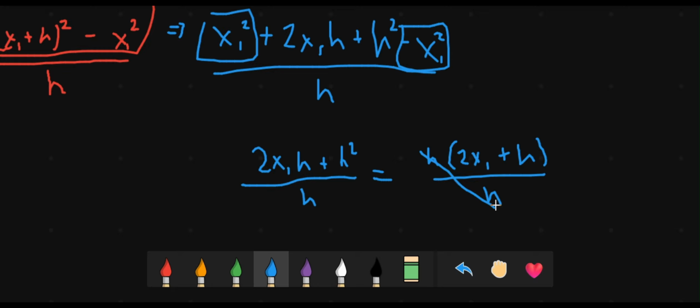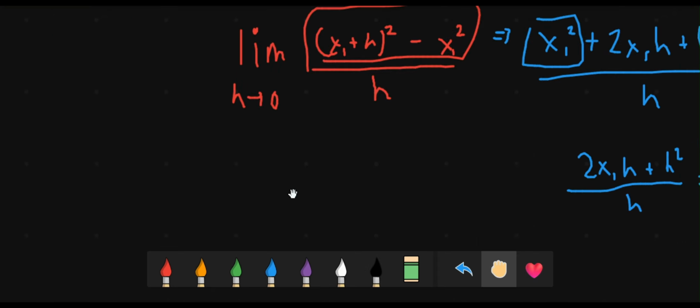Remember, these h's cancel out, so we just get 2x1 plus h. There it is. We've rewritten it the best we can: the limit as h approaches 0 of 2x1 plus h.